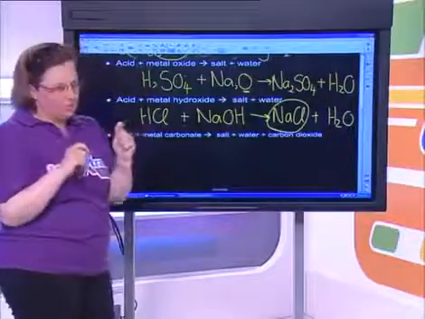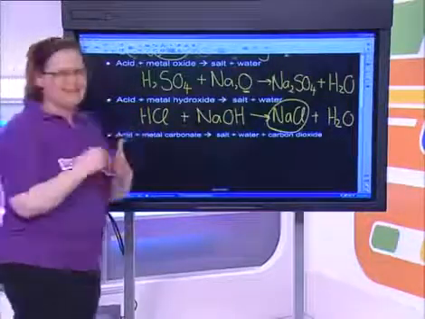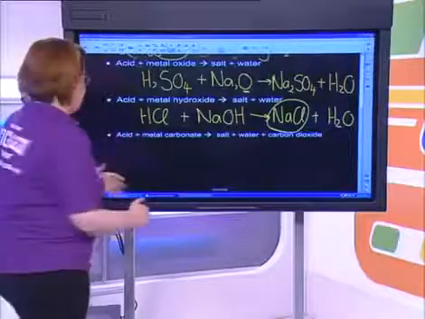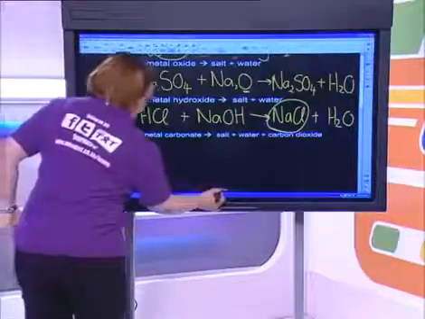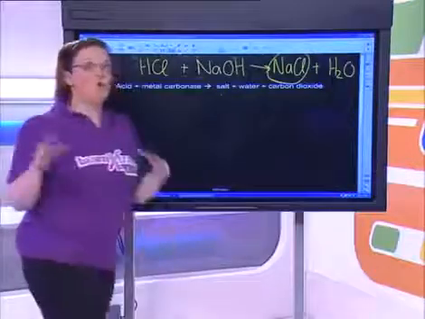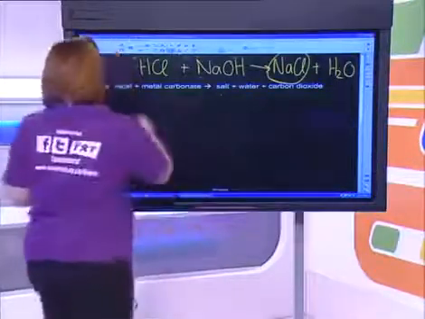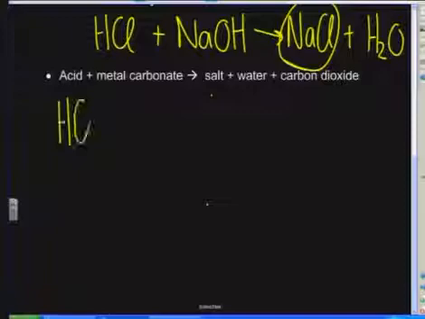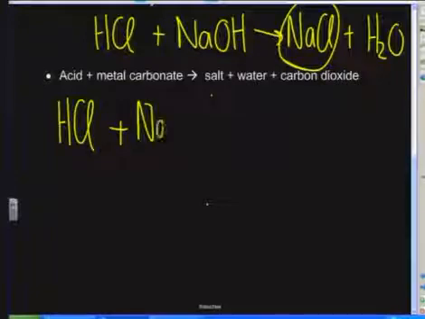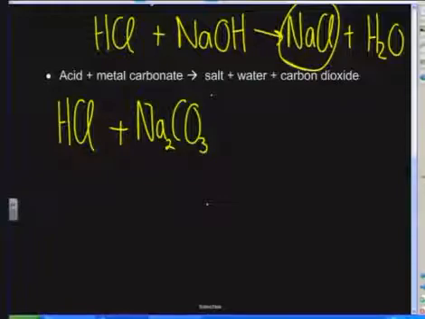Now the more difficult one: acid plus a metal carbonate. Carbonates are your weak bases. So let's take HCl, let's not make this too difficult, and add it to sodium carbonate, Na2CO3.